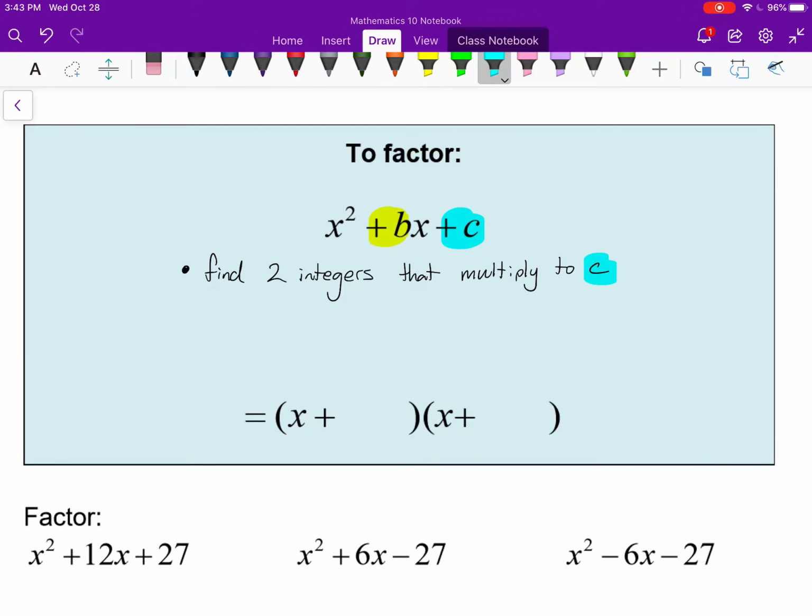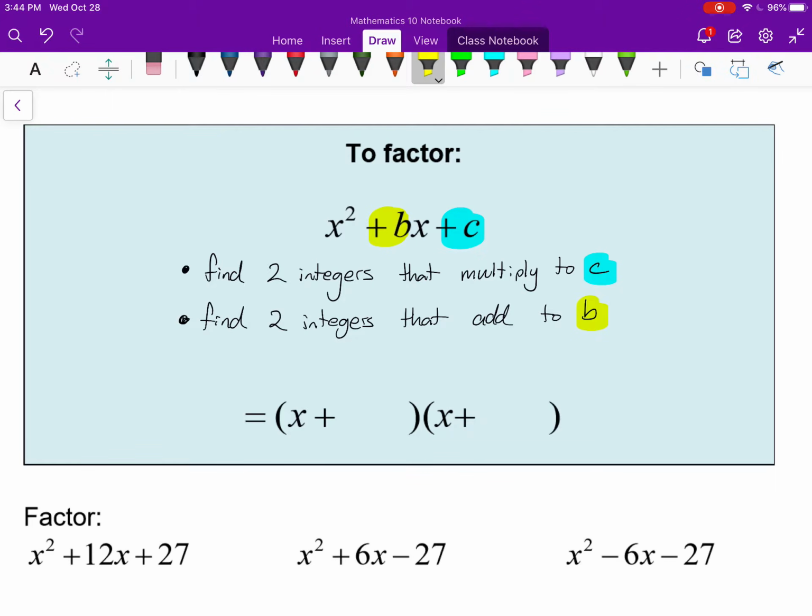So whatever number is there, we need to think of 2 numbers that multiply to c. That said, at the same time, we need to think of 2 integers. And again, integers are positive or negative whole numbers that add to b, whatever that b value is, whatever the coefficient of x is.